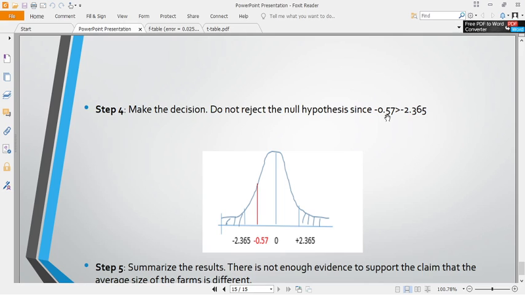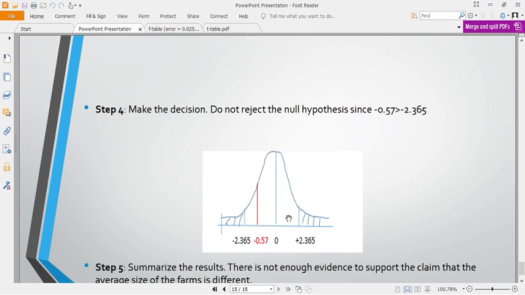Since the test value is greater than negative 2.365, negative 0.5 is greater than negative 2.365, so it does not lie in the critical region.